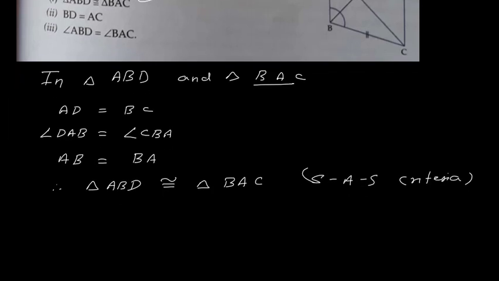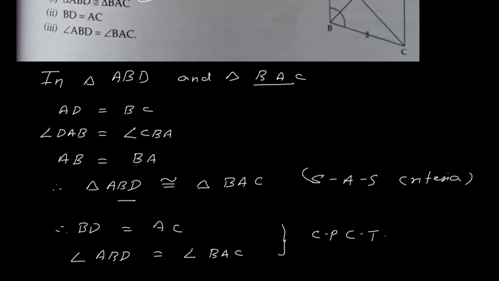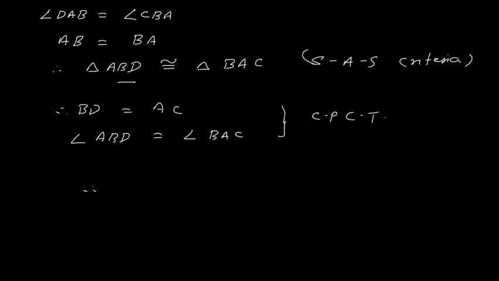Now their corresponding parts are equal. So we have BD is equal to AC, and angle ABD is equal to angle BAC. They are corresponding parts of congruent triangles. Therefore, QED.